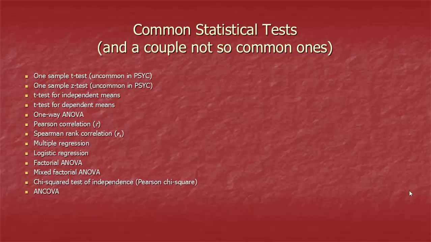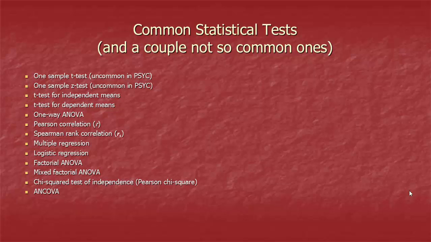Both tests are doing that. In one case, you have, you might say, full population information: the mean and the standard deviation of the population. In the other case, you're doing the same sort of thing, but you don't have that full population. You don't have the standard deviation.